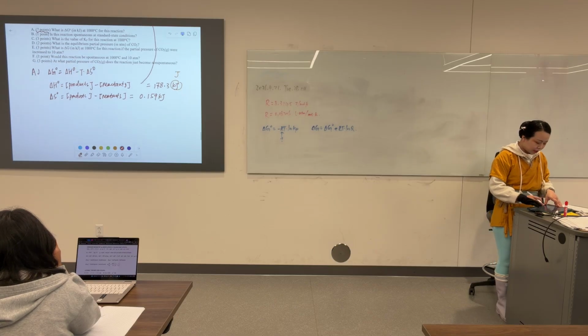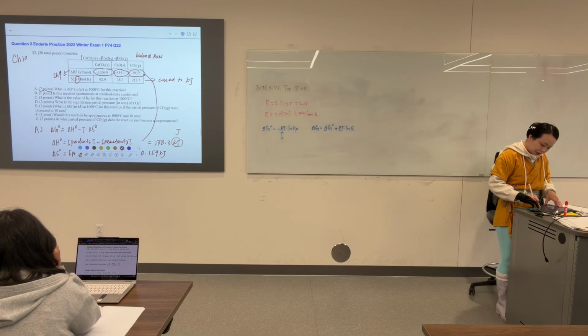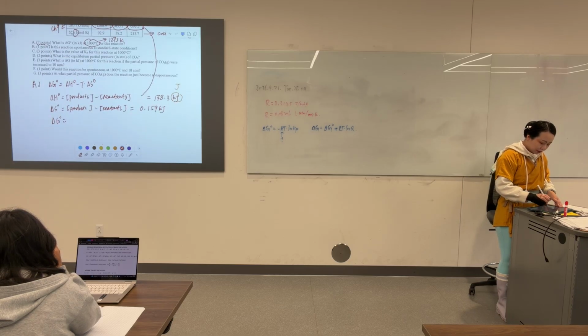So delta G equals these two on top. One more thing, temperature: 1,000 converts to 1273 Kelvin. So that will be 178.3 minus 1273 Kelvin, times 0.159 kilojoule.